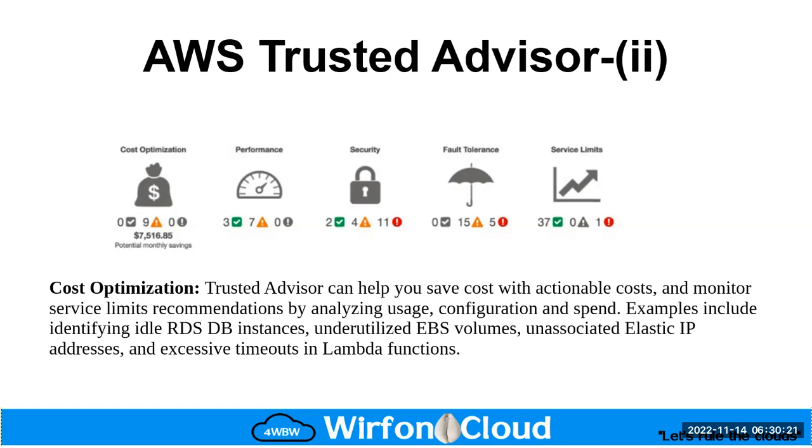If your EBS volume is being underutilized, you can provision one that will be just enough for what you need for your workload. And if you have Lambda functions that are already timed out, you can look into this. The advisor will give you advice around this cost optimization, how you should not be spending a lot.